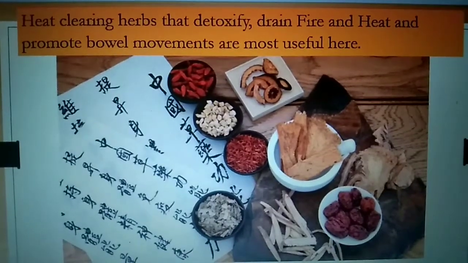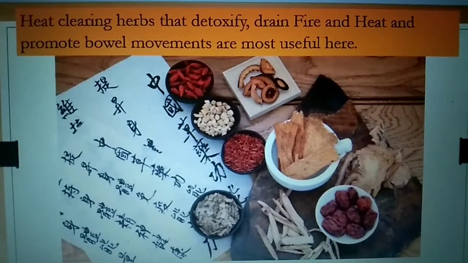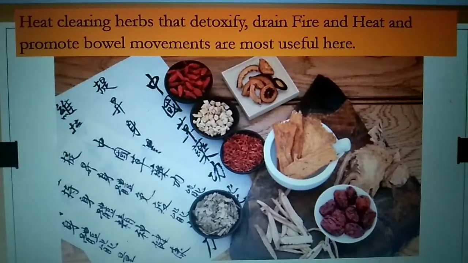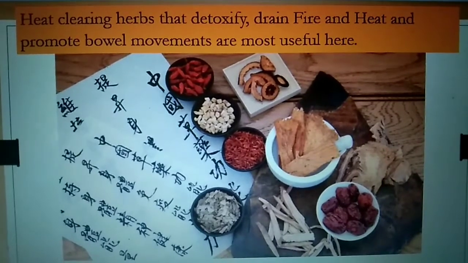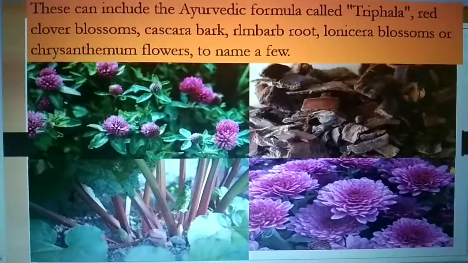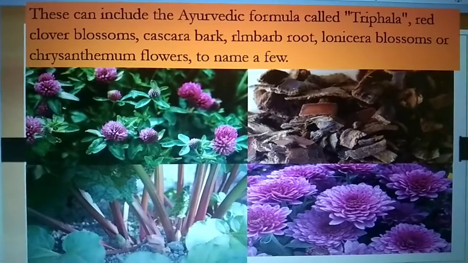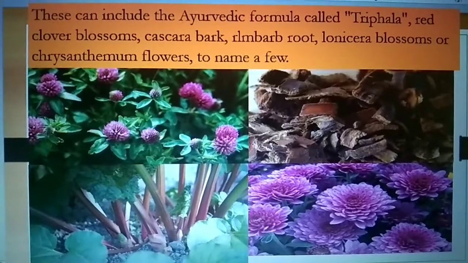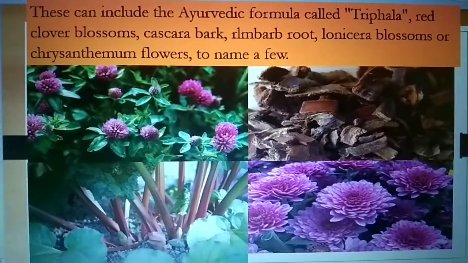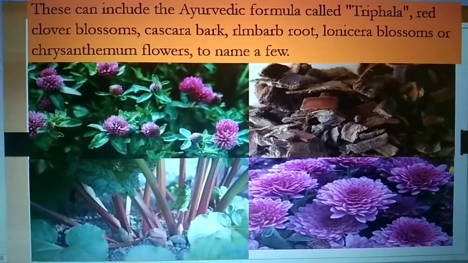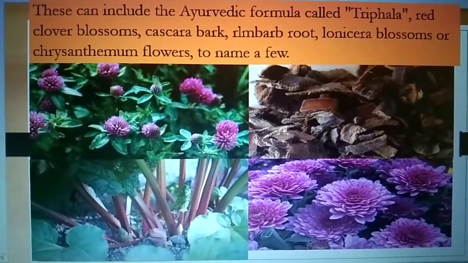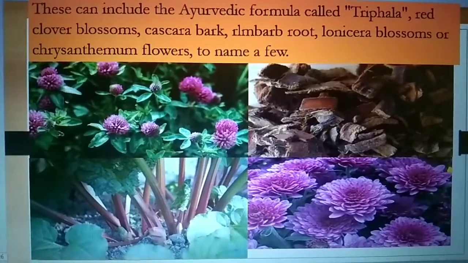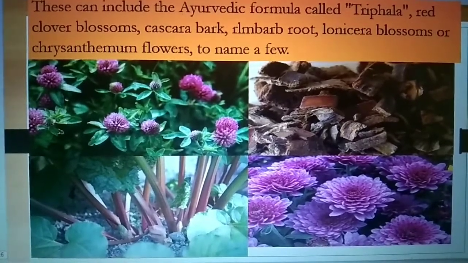Heat-clearing herbs that detoxify, drain fire and heat, and promote bowel movements are most useful here. These can include the Ayurvedic formula called Triphala, red clover blossoms, cascara bark, rhubarb root, lonicera blossom, or chrysanthemum flowers, to name a few.